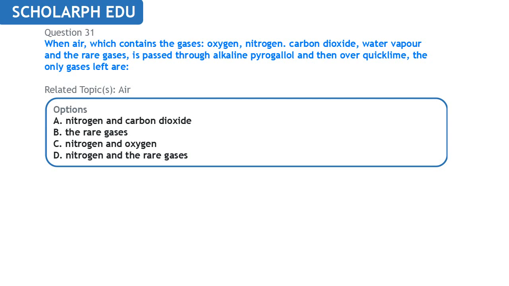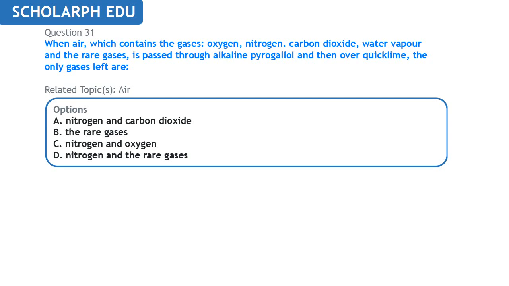Next, when air, which contains the gases oxygen, nitrogen, carbon dioxide, water vapor and rare gases, is passed over alkaline pyrogallol and then over quicklime, the only gases left are... alright, air is a mixture of these gases.